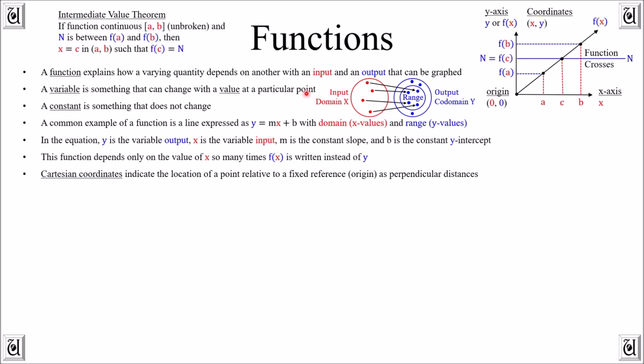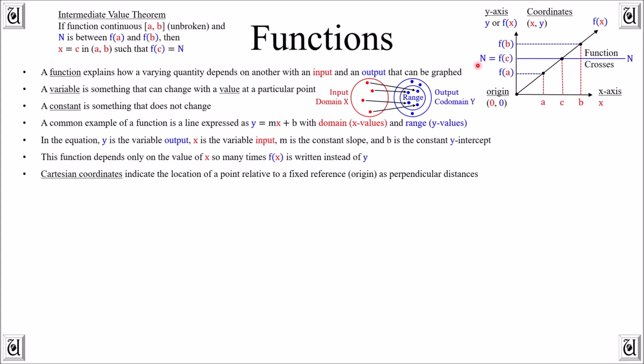This kind of brings us to the intermediate value theorem. And so pretty much what this says is if you have a function that's continuous, pretty much it is something that as you draw it, you don't have to pick up your pencil. It's an unbroken function. And you have this number n.